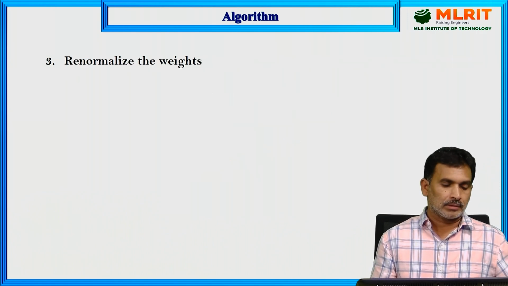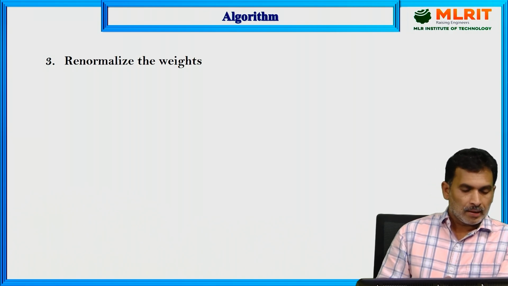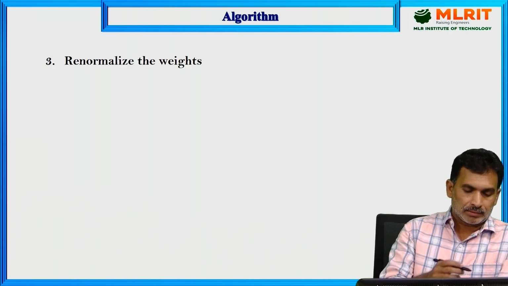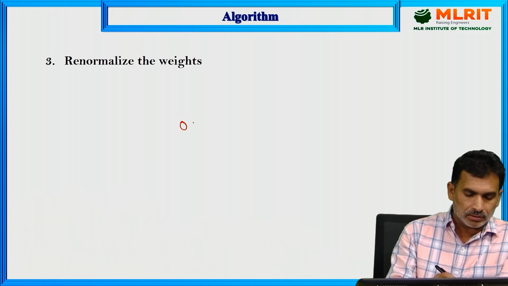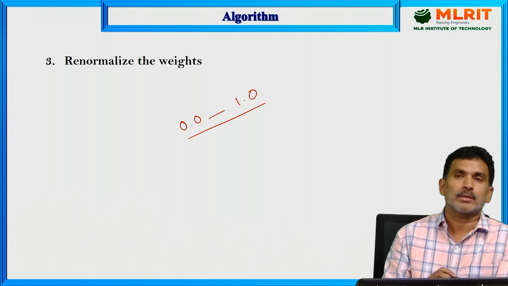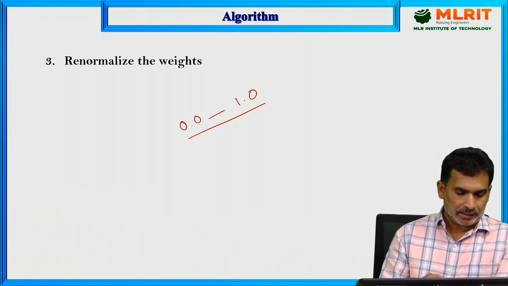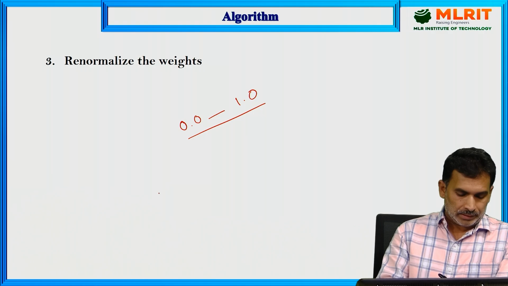The next step is to renormalize the weights. This is the last step. Renormalizing the weights means the weights should be in the range 0.0 to 1.0. Because, as I said many times, suppose you take one value, let us say age.